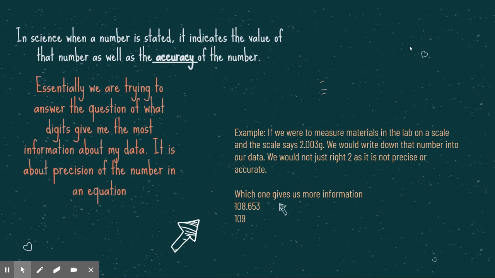That's why we use significant digits, because we want to know how accurate our number is. So when we look at this, which one of these gives us more information about the item, 108.653 or 109? If you think about it as weights or the amount of something, 108.653 is pretty accurate. 109 is rounded up, so it's a little less accurate.